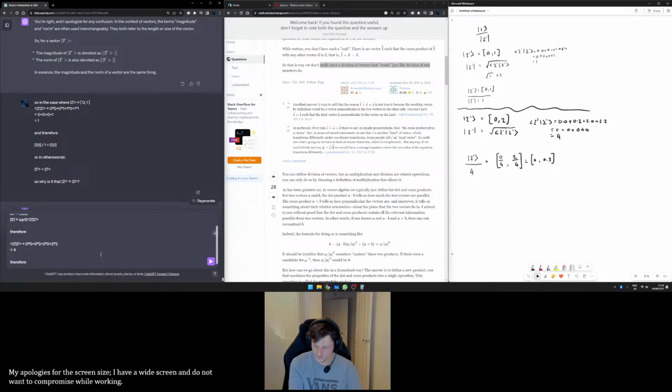Therefore, 2 equals 2 prime divided by 4, which is 0 divided by 4, 2 divided by 4, which equals 0, 0.5.